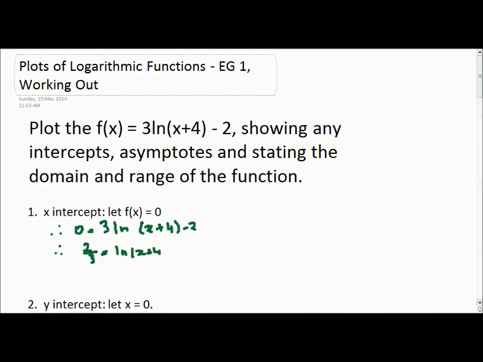Now what we do is we exponentiate both sides to find that e to the power of 2/3 equals x + 4. Therefore, x equals e to the power of 2/3 minus 4.